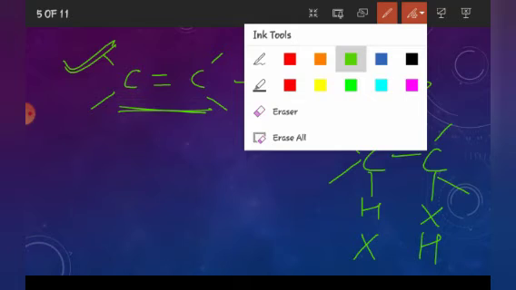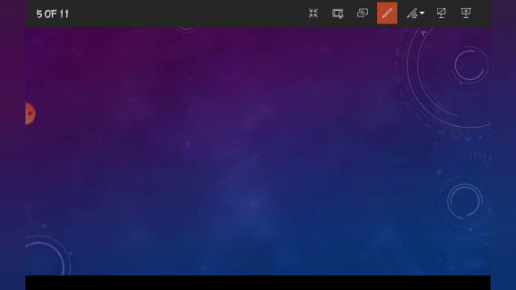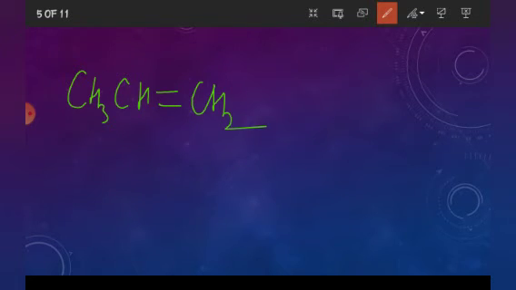But if we have an unsymmetrical alkene, for example, the reaction of CH3 CH double bond CH2, this is propene. This is an unsymmetrical alkene, which means that if we divide it from the double bond, then we will not get a symmetrical structure.